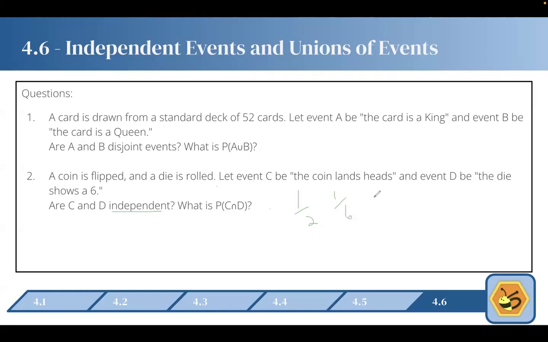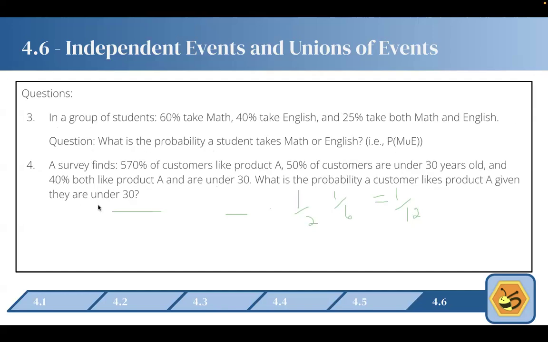So if we multiply them together, this is just going to be 1 over 12. And that is the same thing as when they both intersect. So that means that they are indeed independent. Questions for this one? All right, that was a little bit easier.